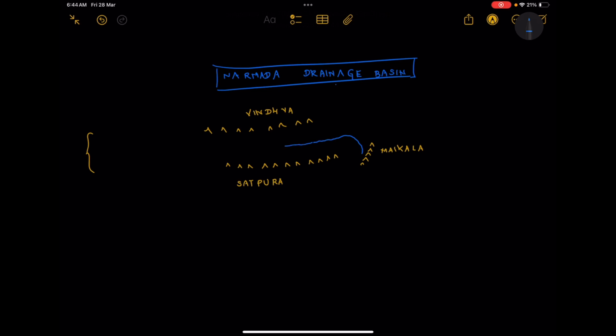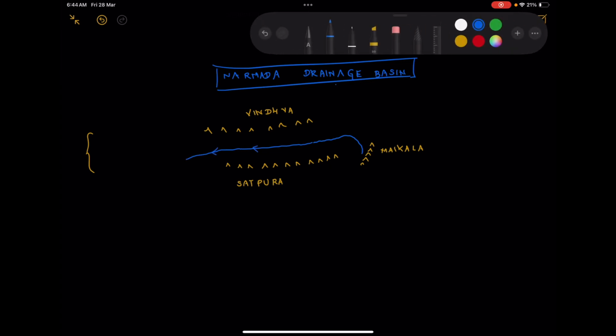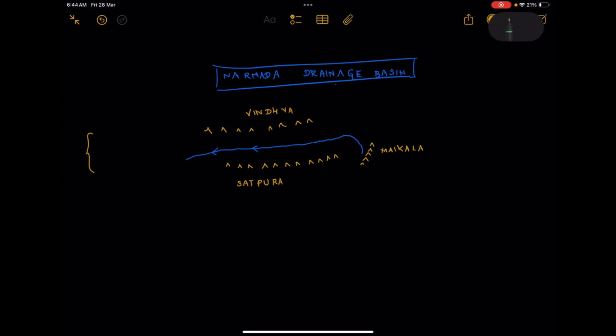After traveling through the Rift Valley, it enters close to the plains of Gujarat. The upper parts of the Narmada River have a proper hilly tract, and the lower course of the Narmada River enters the lower plains of Gujarat.